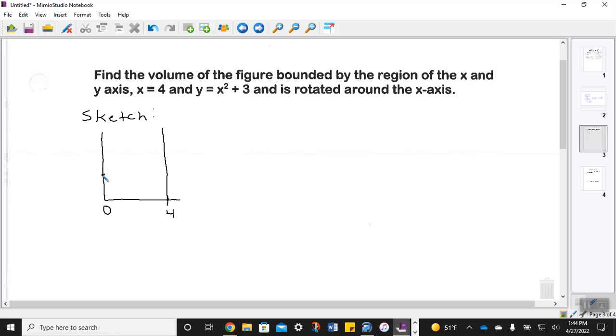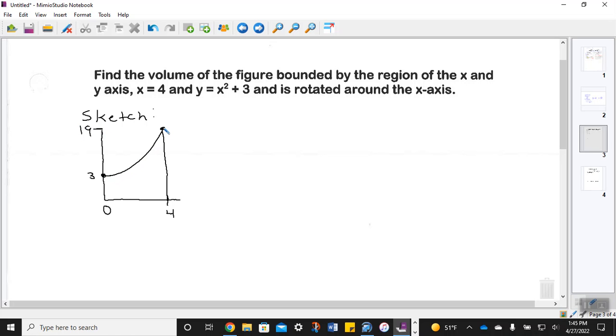So this is going to start up here at 3. And what if I put 4 in there? What's 4 squared? Plus 3 more would make 19, wouldn't it? So 19 is kind of up here. And guys, isn't this a parabola? So wouldn't this kind of shape concave up to that point right there?